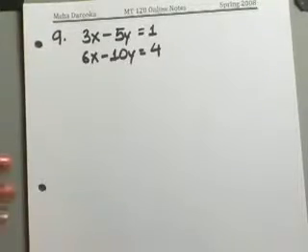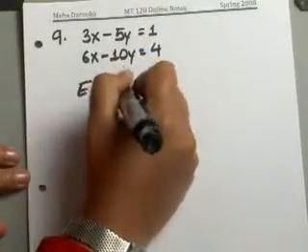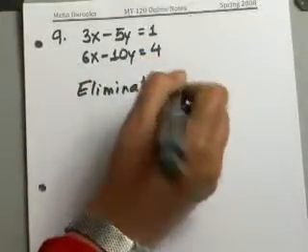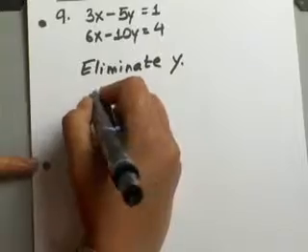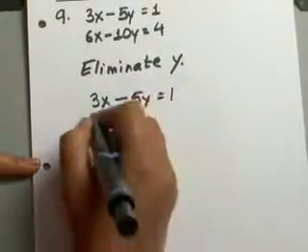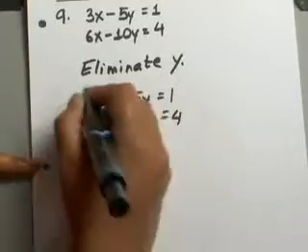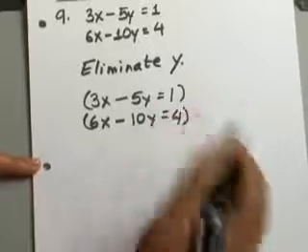It really doesn't matter which variable you choose to eliminate. Let's say we want to eliminate y this time. So if you want to eliminate y, you have 3x minus 5y equals 1, 6x minus 10y equals 4.